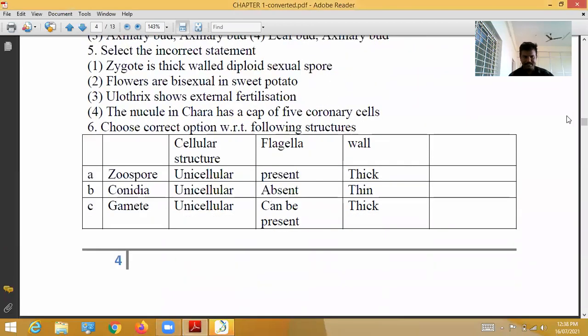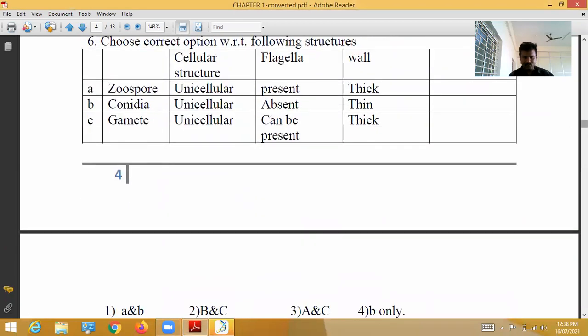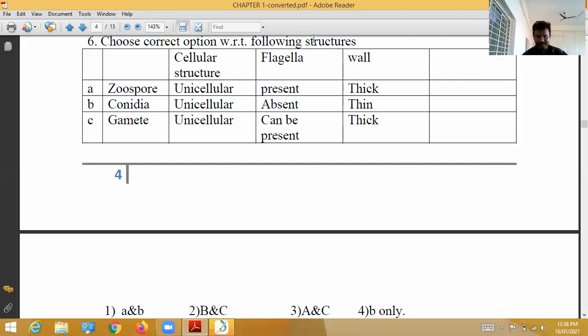Last and final bit for today. Is it visible? Sixth question, 3 options given. Choose the correct option with respect to the following structures: zoospore, conidia, gamete.